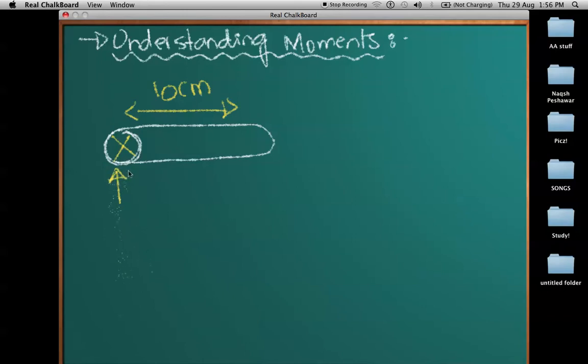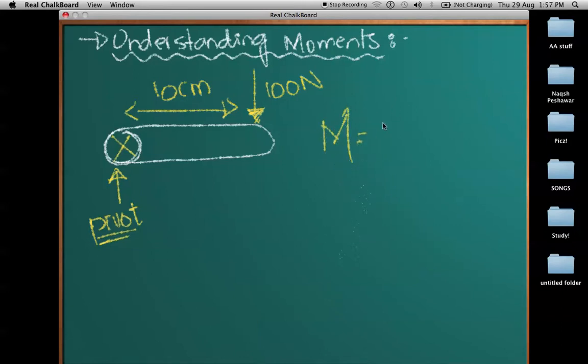This becomes your pivot because this does not move. So if you apply a force in this direction, let's say 100 newtons to turn the knob, let's see what the moments tell you about the turning.